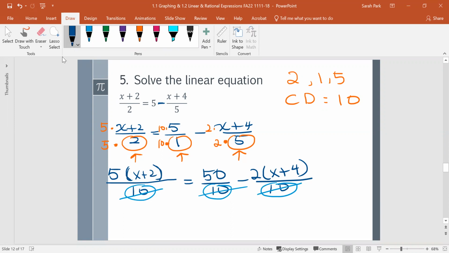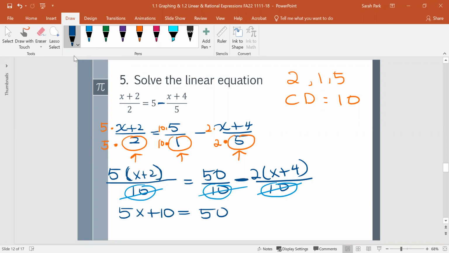What that means is we got rid of the fractions and only have the linear equation to work with. And that's much better, right? Because with fractions, things can get a little messy. So 5 times (x plus 2). Actually, let's just distribute instead of just copying down. With 5 times (x plus 2), we'll have 5x plus 10 equals 50.